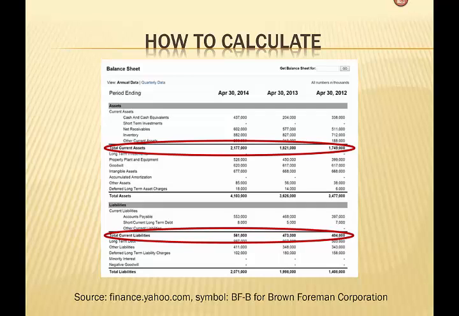We're pulling the same total current liabilities, but we're also going to take that inventory line that is within the total current assets. So for Brown-Forman in 2014, we're going to have to take into account that $882,000 that's sitting there. And again, remember, these numbers are in thousands, so even though I plop them in exactly as I see them, every number on here has to have 3 zeros added to it.